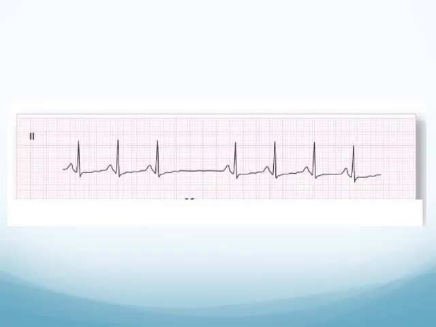We miss one beat, and then the sinus rhythm resumes following the block. It didn't reset the timetable. It wasn't long enough to be an arrest, and since the timetable didn't reset, it's not a pause. So this shows us that it's a sinus block.